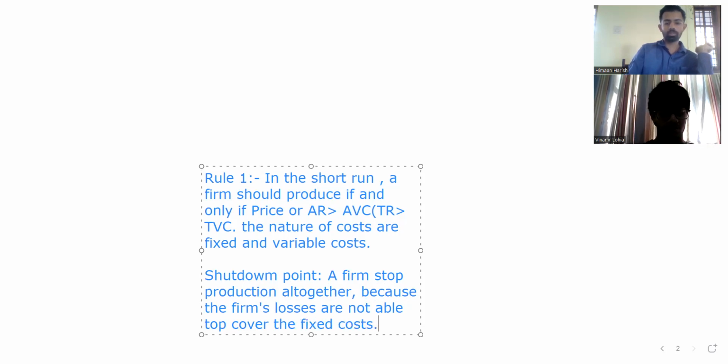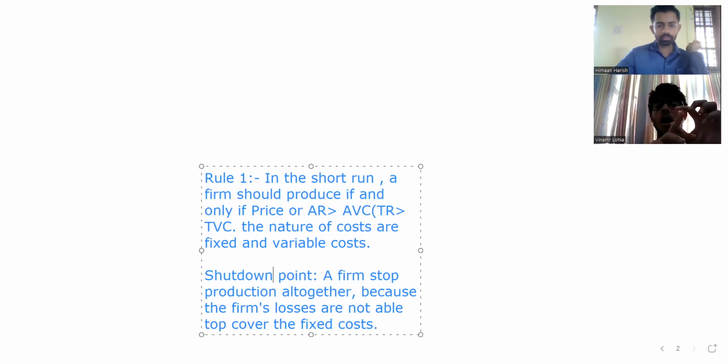So it stops production at a shutdown point. This means price is equal to average variable cost, and the firm is covering variable cost and no fixed cost.